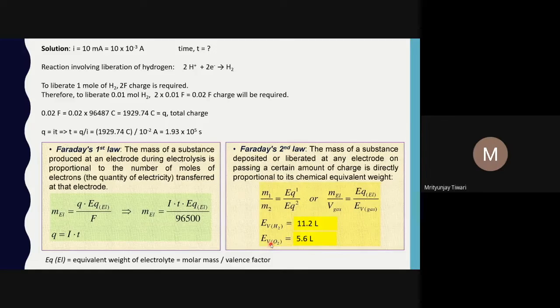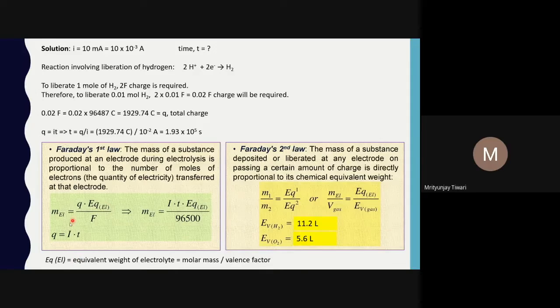And the equivalent volume we know for hydrogen is 11.2. In the example we have seen for hydrogen, the valency factor is 2, and 1 mole of hydrogen contains 22.4 liters at STP, so one equivalent will be equal to the molar volume divided by 2, the valency factor, which is 11.2 liters, 22.4 divided by 2.